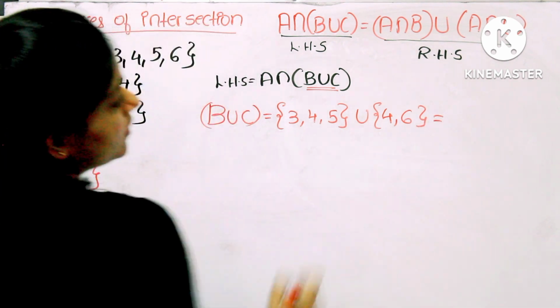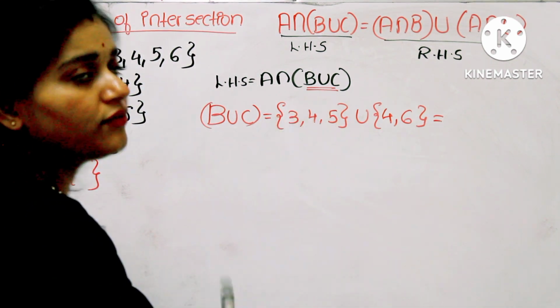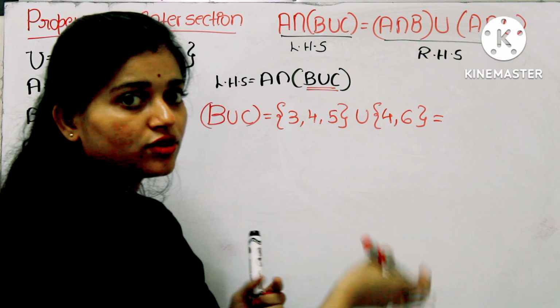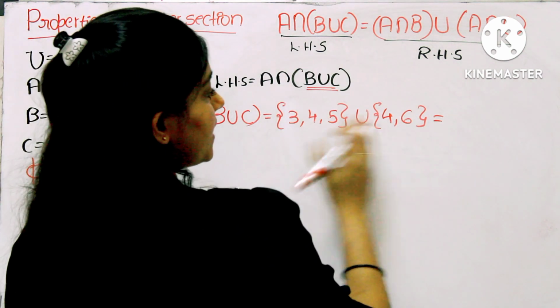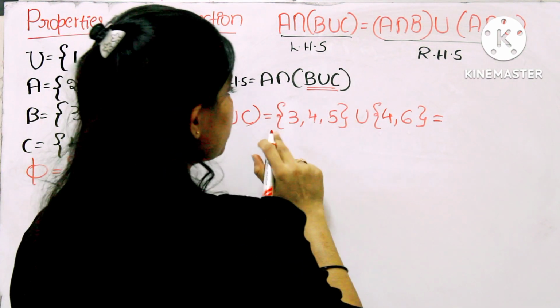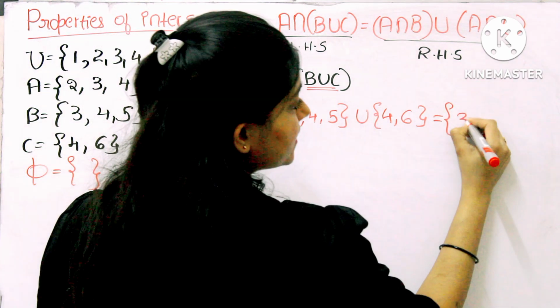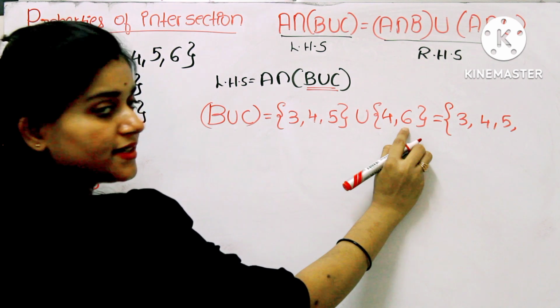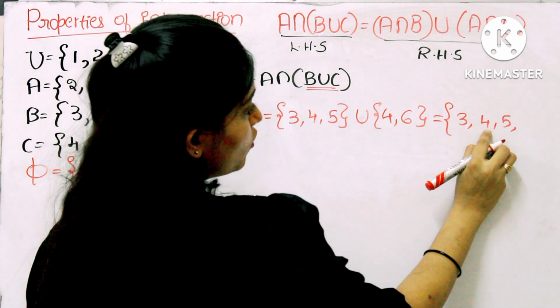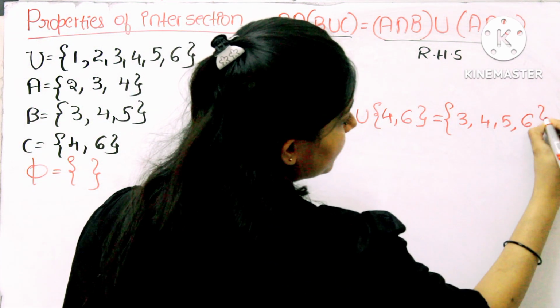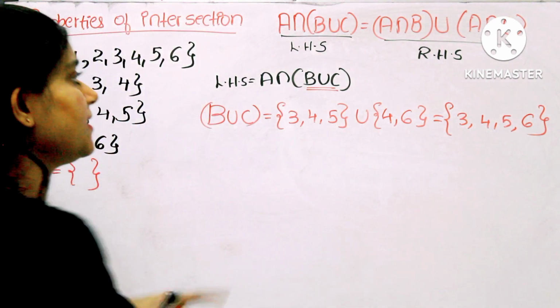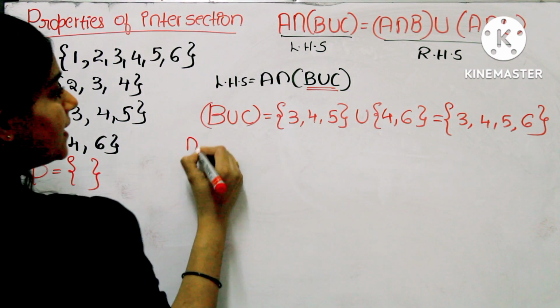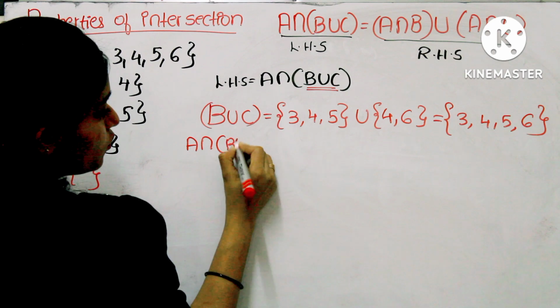See here, this is union. In union, we have to combine all the elements in B and C. So what are the elements? First we should write B as it is: 3, 4, 5. Then see the set C. There we have already written 4, so no need of writing it again. The remaining is 6. So this is B union C. Then we have to find A intersection (B union C).